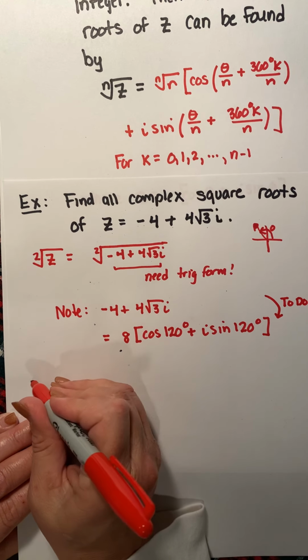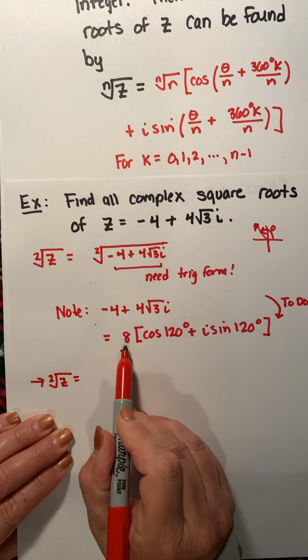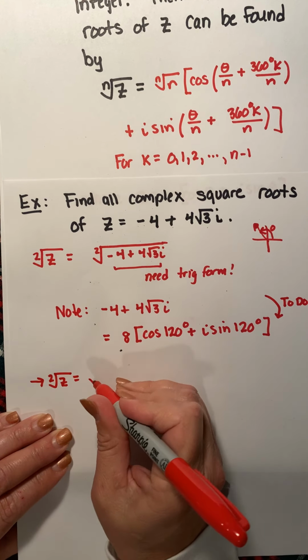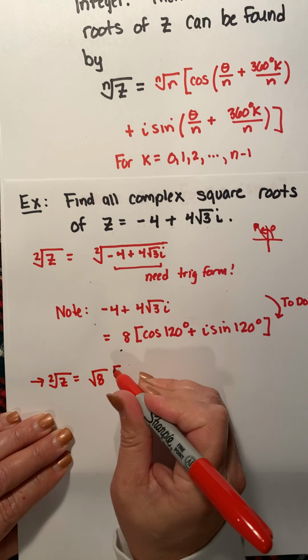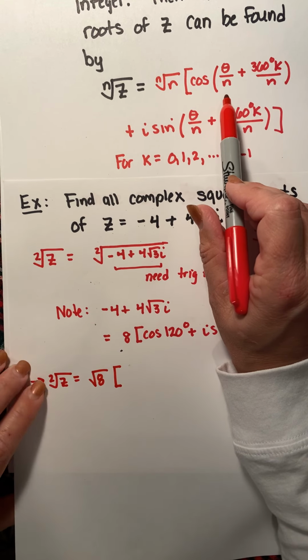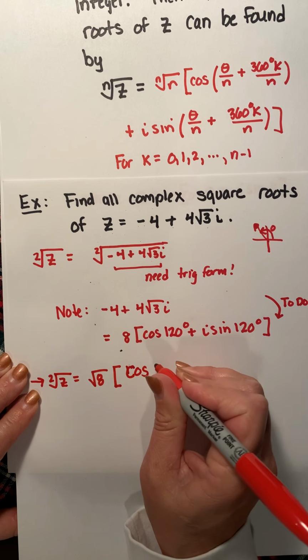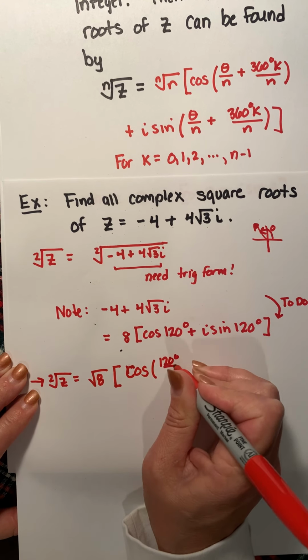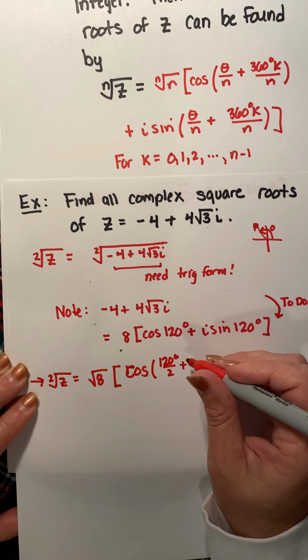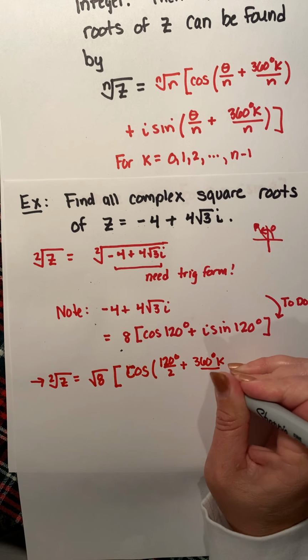So the square root of z is going to be the square root of 8 times, I'm looking at this template right here, so n is 2, it's the square root, 8 is the modulus, so it's going to be the cosine of 120 degrees divided by 2 plus 360k divided by 2 right there.